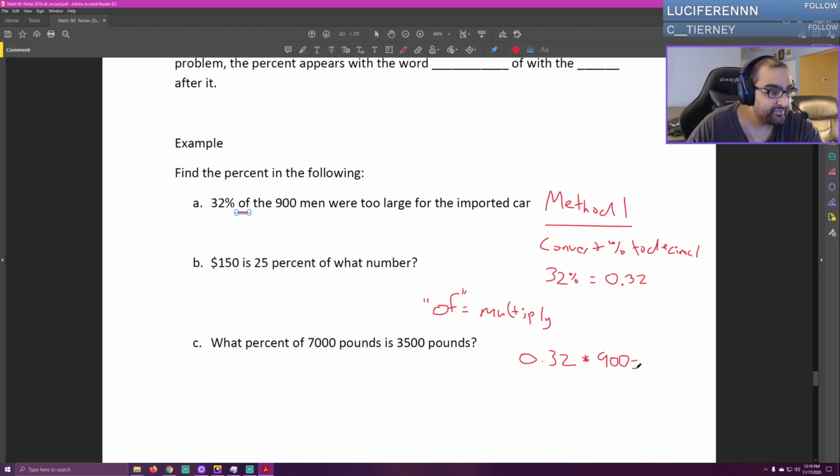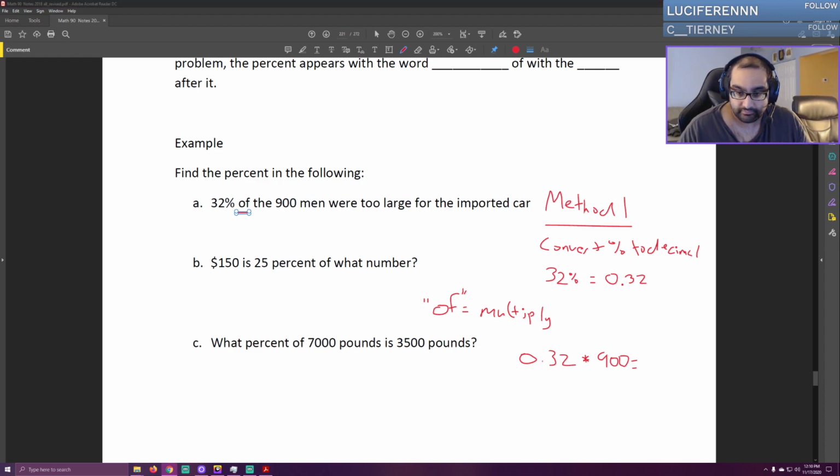So this is how we set that up. We say 0.32 times 900. Can anybody give me an answer for this problem here? 288.